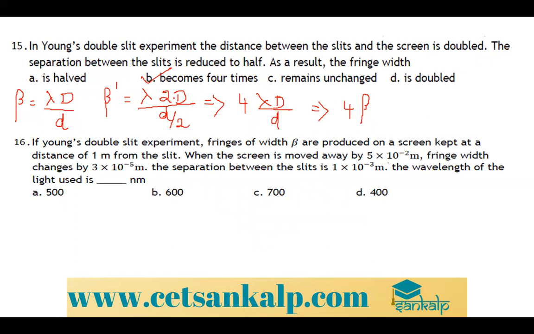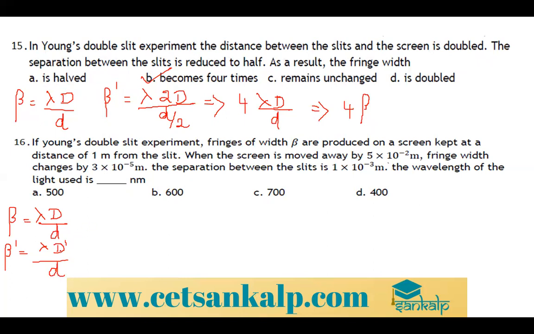The separation between the slits is 1 into 10 to the power minus 3 meter. The wavelength of the light used is, okay, you have here two conditions. One is beta is equal to lambda D by d. The other one is beta dash is equal to lambda D dash by d.